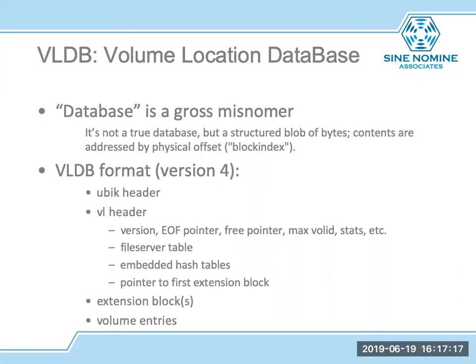So what does the format of the VLDB look like? You have a number of different pieces. First of all, it has to be identified as an UBIC database, so it has an UBIC header. The PT server database, and if you are still unfortunate enough to be running KA servers, your KADB, has an UBIC header on it. But after that, there's nothing really UBIC specific.